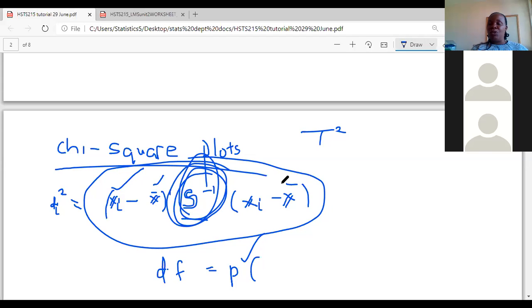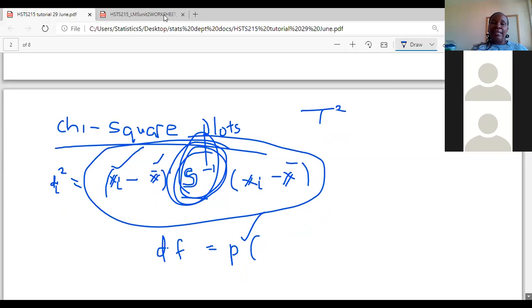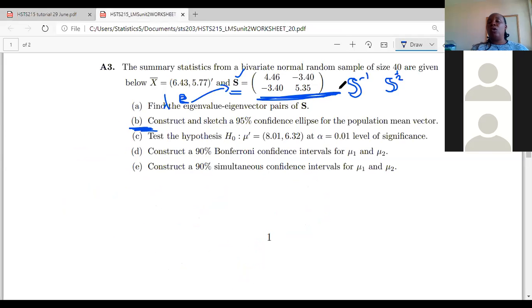Therefore, the link between the eigenvalues of S and the eigenvalues of S inverse: if you define lambda to be the eigenvalue of S and e to be the eigenvector, then the eigenvalue of S inverse is 1 over lambda, and the eigenvectors are the same.